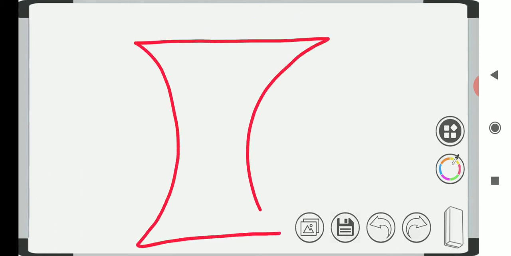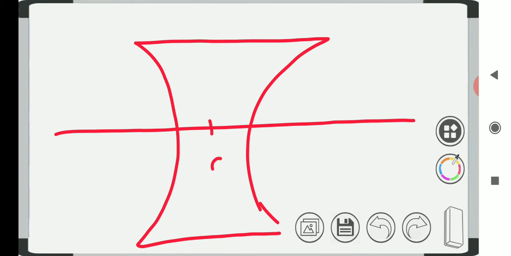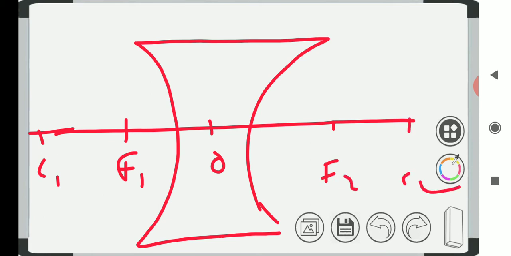Again, I have to draw. This is the optical center, F1, C1. If we place the object at any position, this is F2, this is C2. For example, we place the object at that position, this is A and this is B.